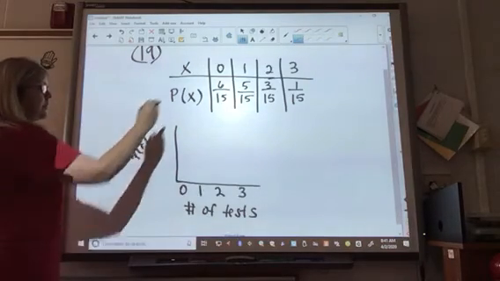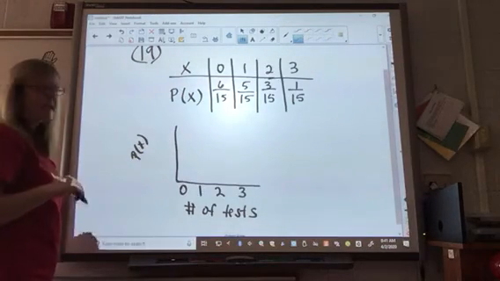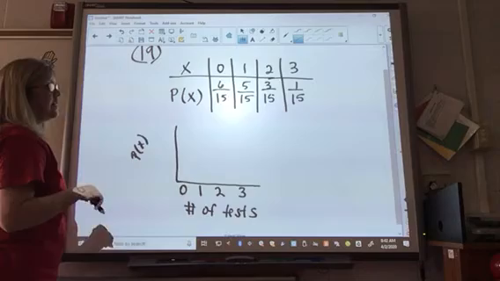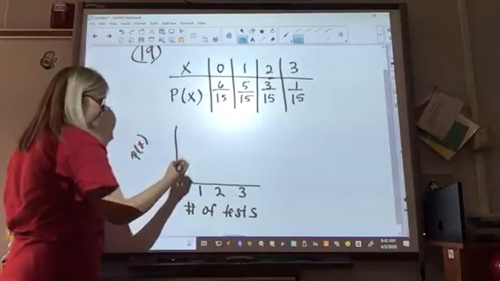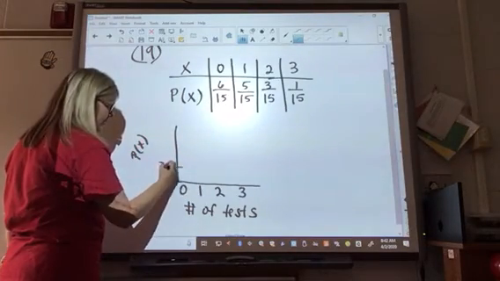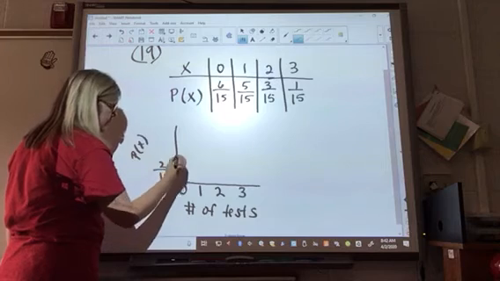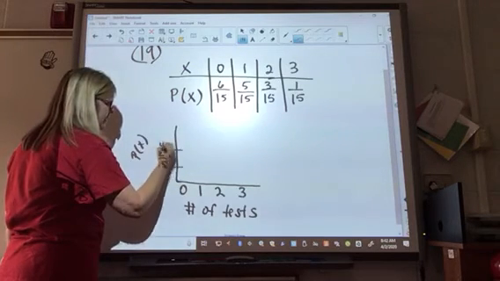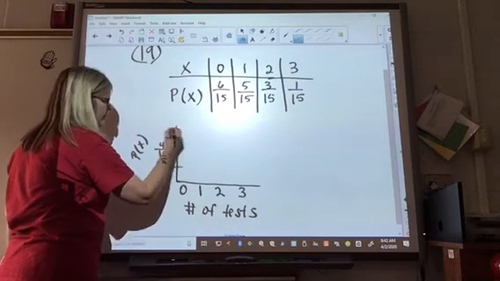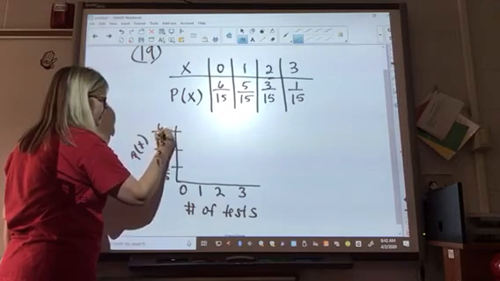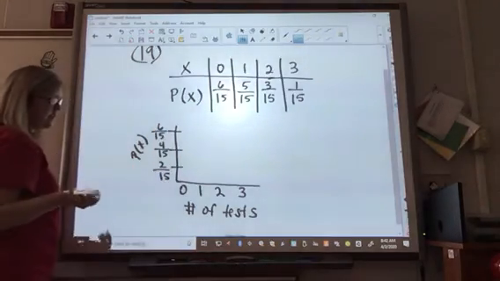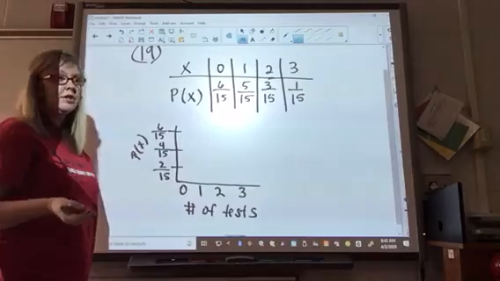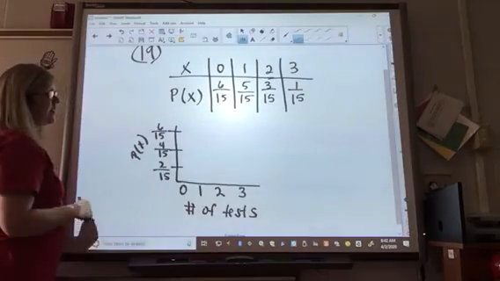And for my probabilities, I want to count in even increments. So this is my largest. I could count by twos or whatever you wanted to. 2/15, 4/15, 6/15. Okay, you could go larger than you wanted, you could go smaller increments, it's whatever.